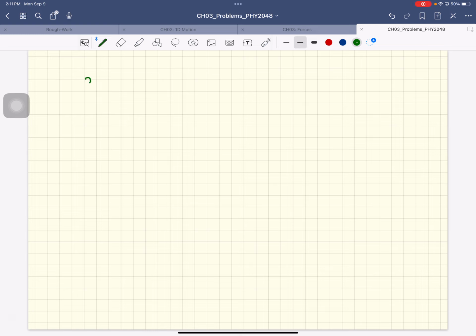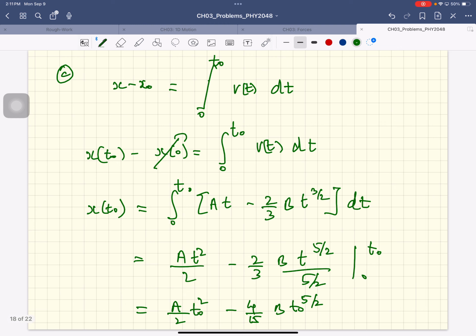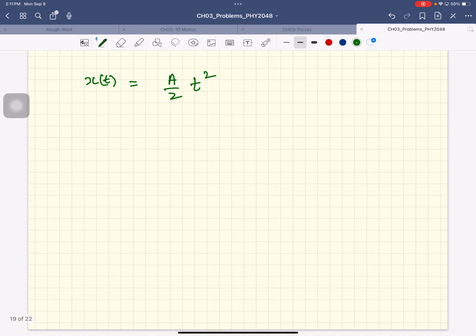So x as a function of time is a by 2 t square minus 4/15 b t to the power 5 halves.